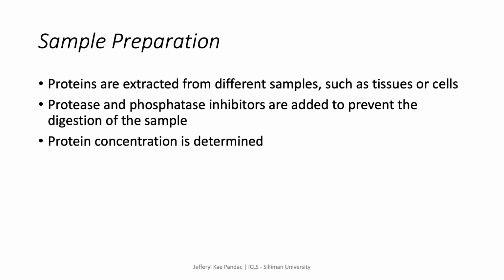After protein extraction, it is important to detect the concentration of proteins, which permits the determination of the exact mass or concentration of proteins to be loaded into each well. Usually a spectrophotometer is used for protein concentration.